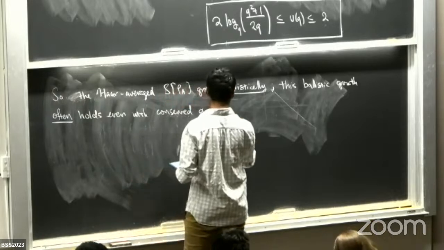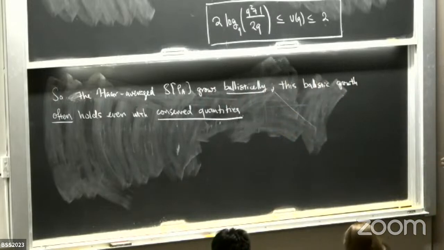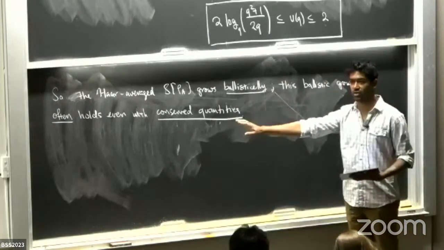And these are conserved quantities that maybe propagate more slowly, so conserved densities that might propagate diffusively.